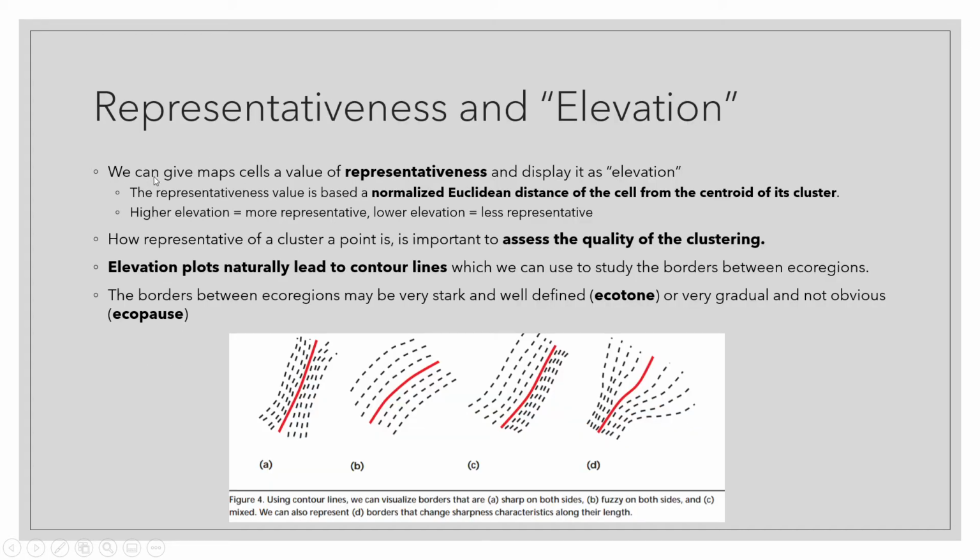We can also give map cells a value of representativeness, and we will display this as an elevation. So representativeness is a value based on how far away a data point is from the centroid within the data space. So the centroid itself is going to be the highest peak, and the points near the edge of the cluster are going to be lower elevation and less representative. This is important for assessing the quality of the clustering.